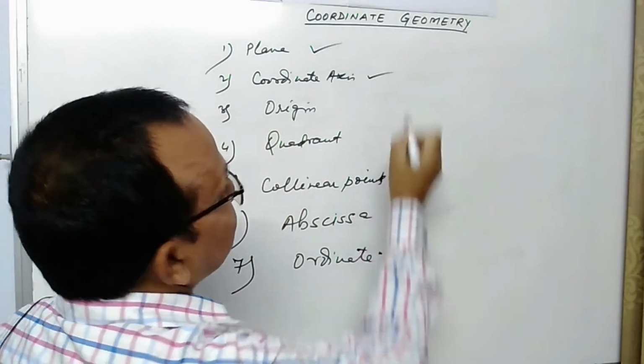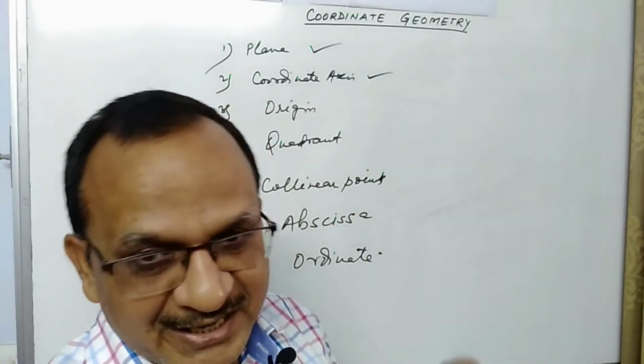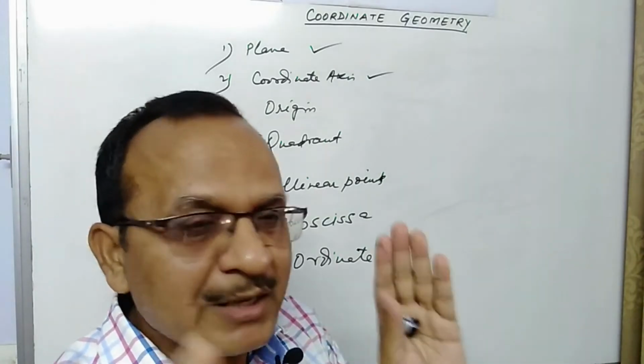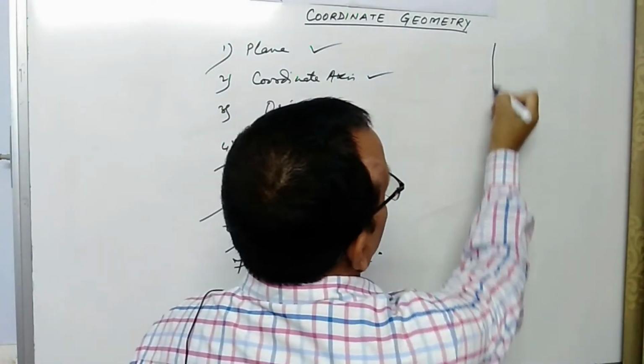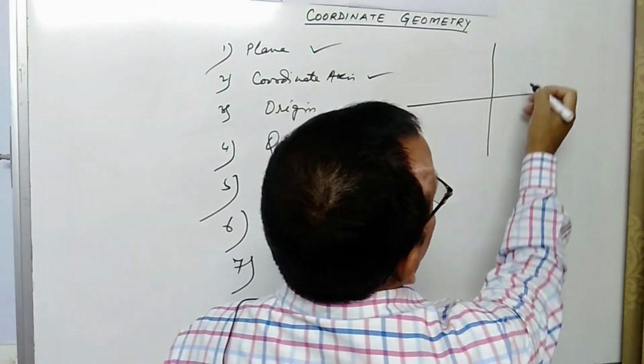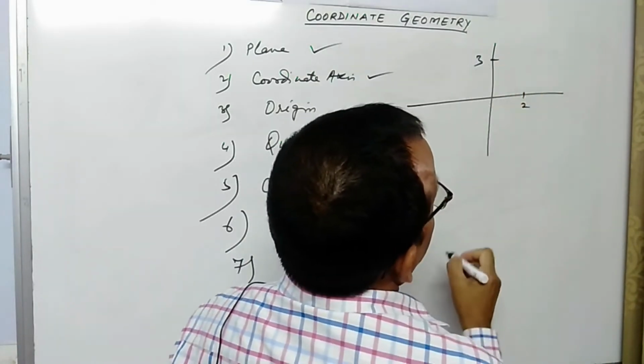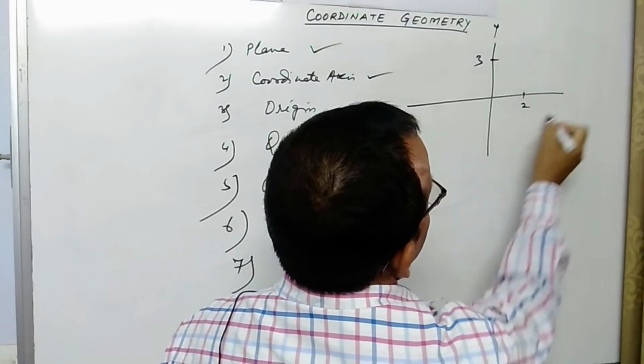Next is coordinate axis. In order to locate a point in a plane, two mutually perpendicular lines are drawn. Suppose we have to locate the point 2, 3. Suppose this is the y-axis and this is the x-axis.